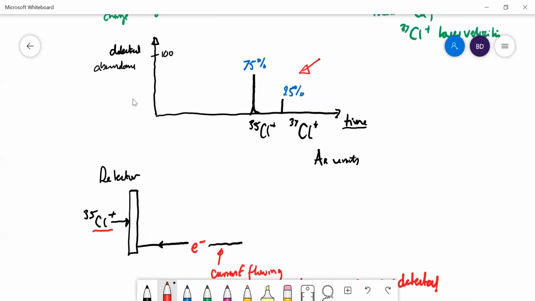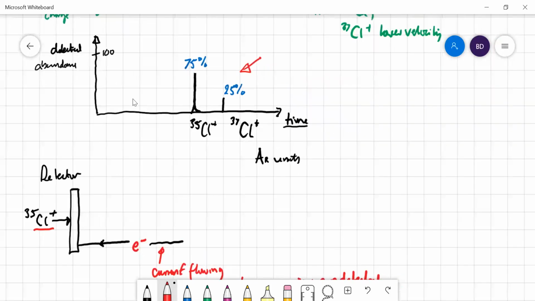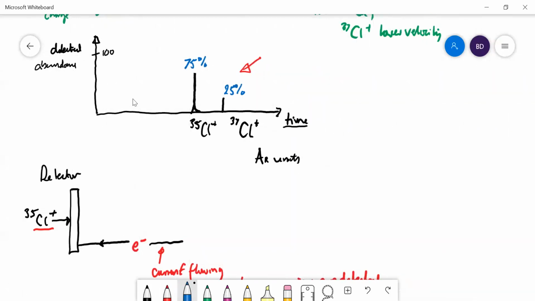So most of the questions they ask on this are all to do with calculations on calculating the time of flight, but the more descriptive questions are all to do with the following things. They want you to know, how is the sample ionized? Well, that's by electron bombardment usually. Why has it got to be ionized?